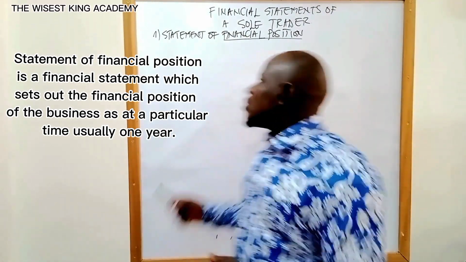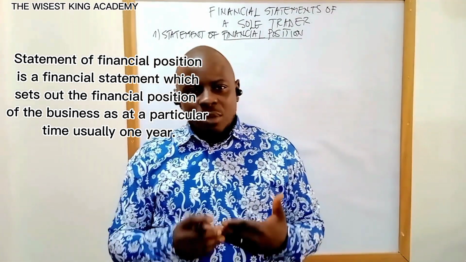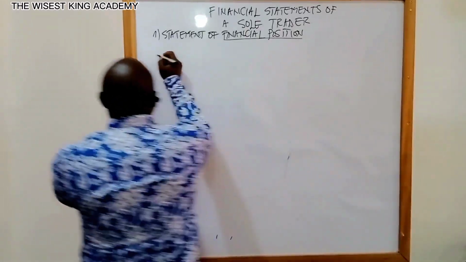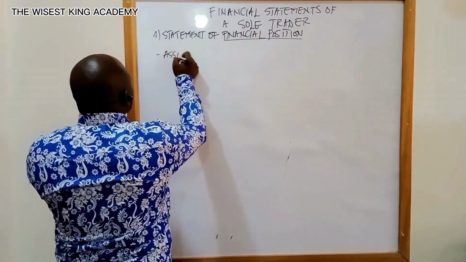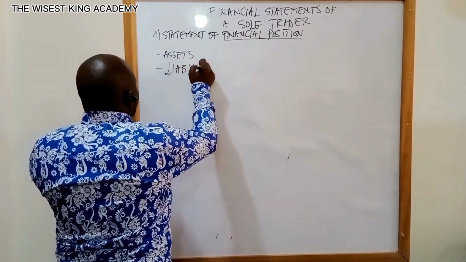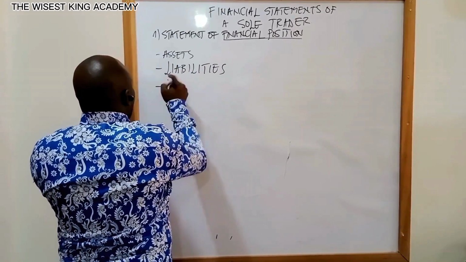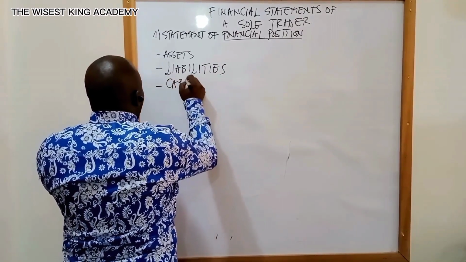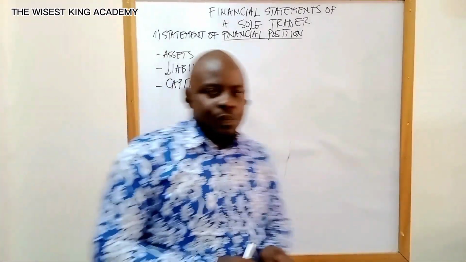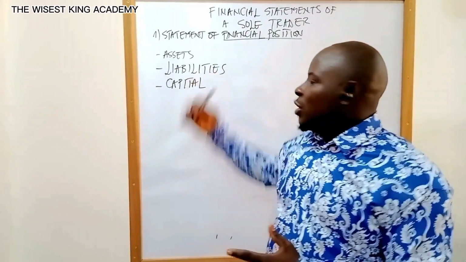The statement of financial position shows the assets, liabilities, and the capital of the business. So, we are going to elaborate on these three aspects.